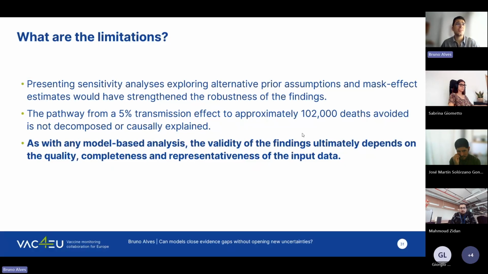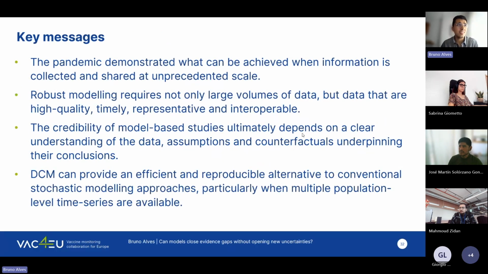But the main point here is that, as with any model-based analysis, the validity of what we are seeing depends on both the quality, completeness, and representativeness of the input data and on model assumptions. These are the key messages that I would like to share with you.